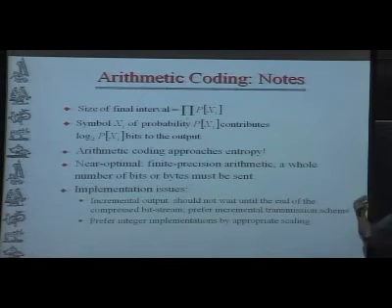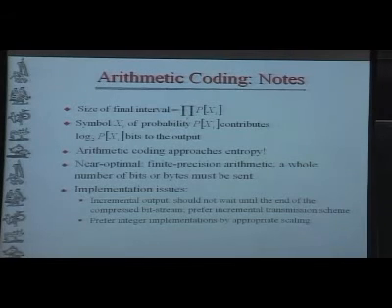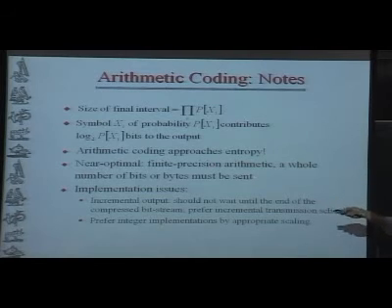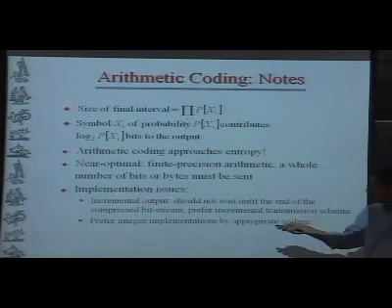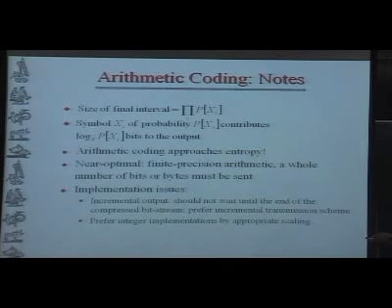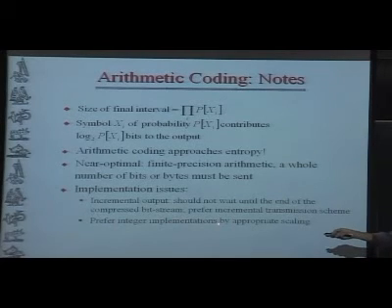We don't send 2 bits, or 2.5 bits. So that's why it's not exactly optimal, because of practical implementations. And then there are other implementation issues which we don't have time to talk about. But in practice, you probably prefer integer implementations.